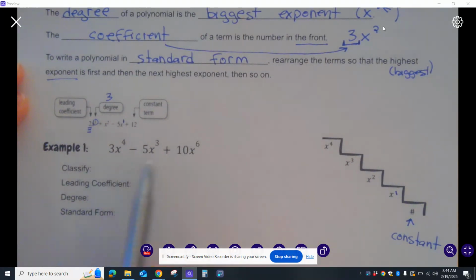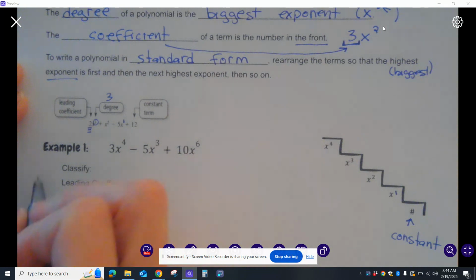So if I look at this one, it says classify, so that would be monomial, binomial, trinomial. Anything bigger than a trinomial, we just call a polynomial. I forgot to mention that at the top, but we'll look at that in some examples. We want to find the leading coefficient. We're not going to do this right away. We're first going to write it in standard form.